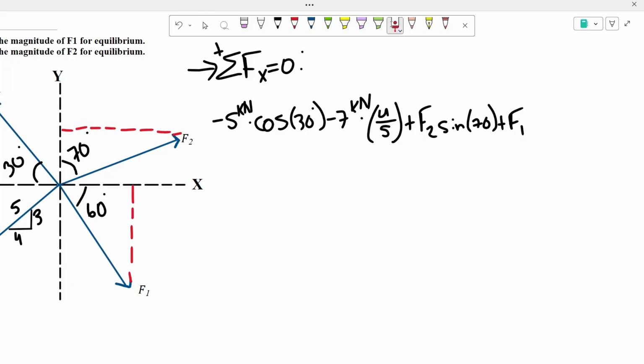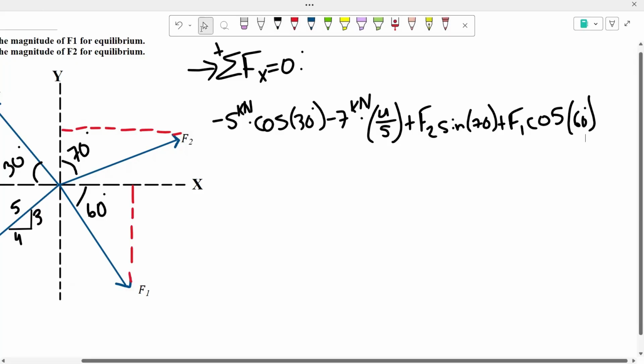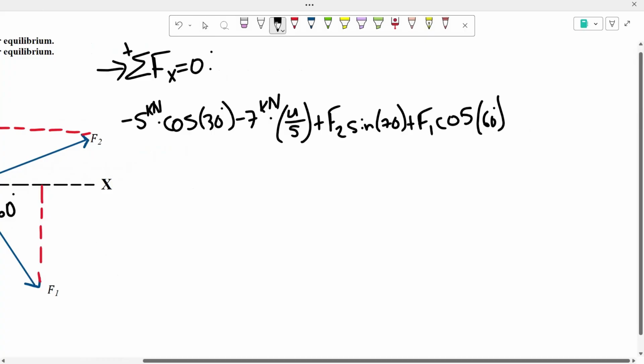And remember, we're also trying to find f of 1, which is the hypotenuse. So we have adjacent and hypotenuse, so for this one, we're going to use cosine, since cosine is adjacent over hypotenuse. So f of 1 times cosine of 60 degrees, and we know that all of that has to equal 0.